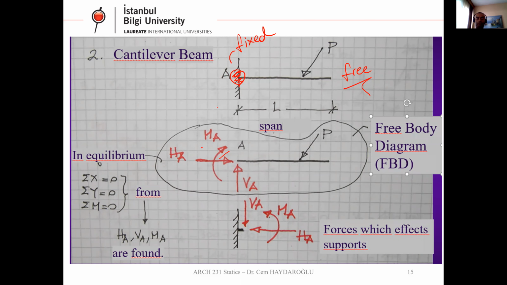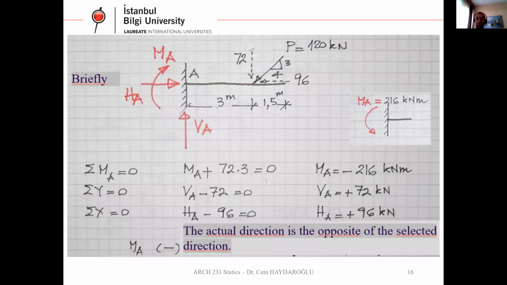On this beam, if we write total X, total Y, and total M equals 0, we can calculate all these unknowns. Okay, here we go. This is an example to explain the situation briefly.